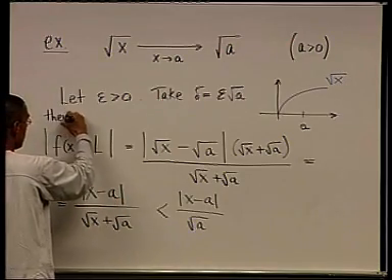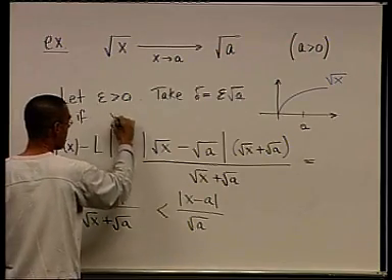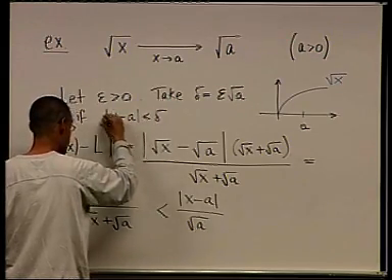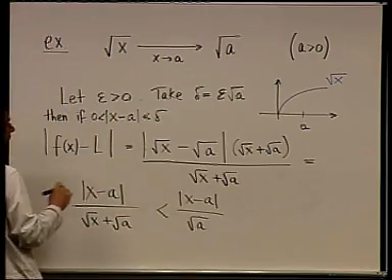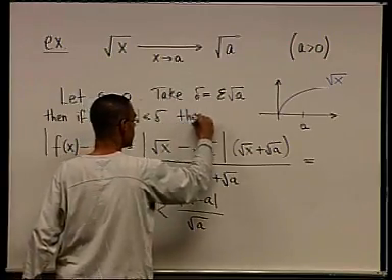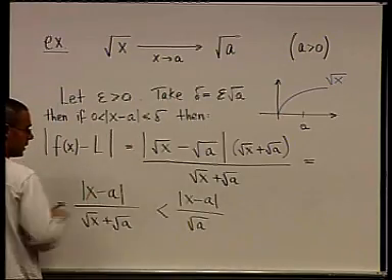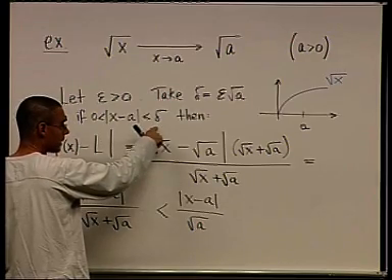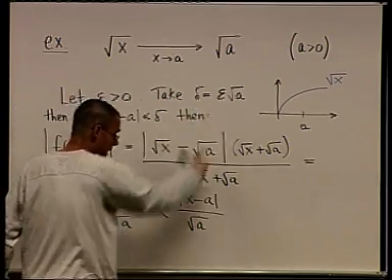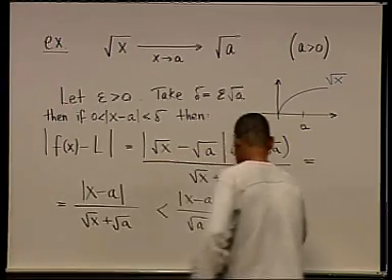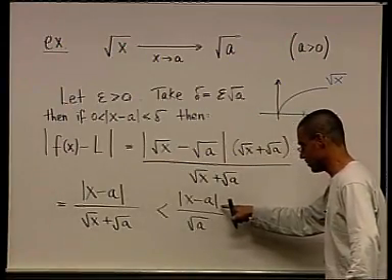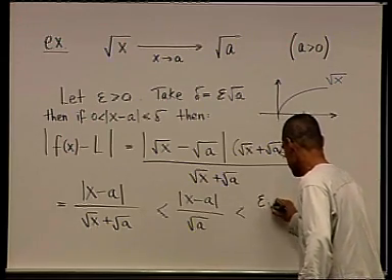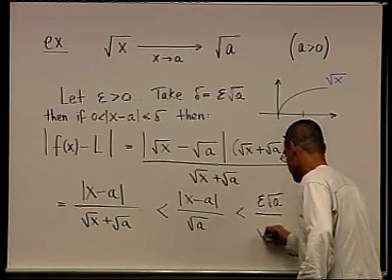Then, if |x - a| is less than delta and greater than 0, remember that's part of it, then, and now we can follow our calculation, so if |x - a| is less than delta, and delta is epsilon root a, so this is less than epsilon root a divided by root a.